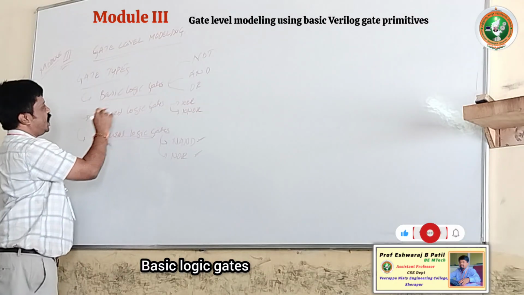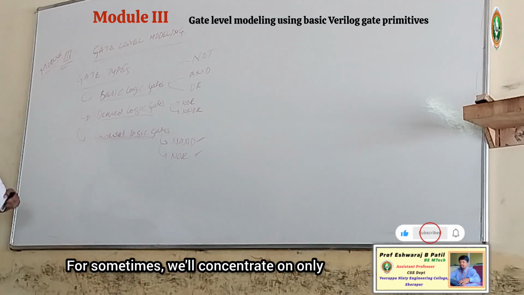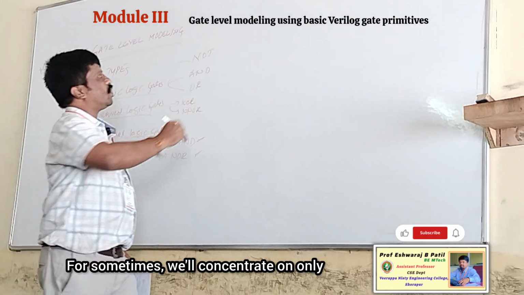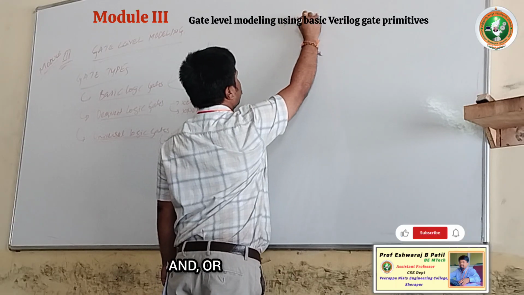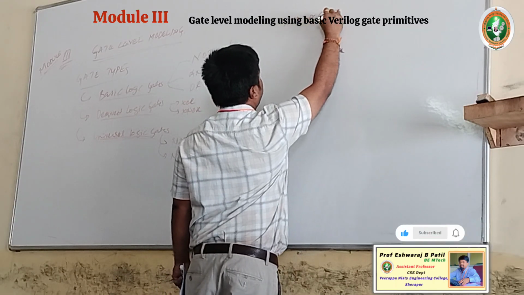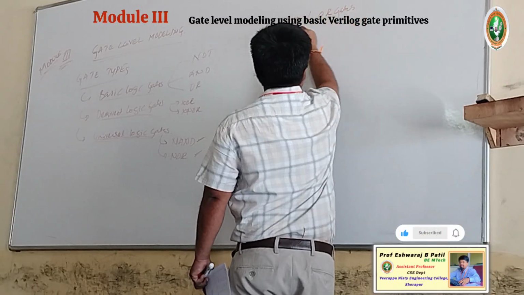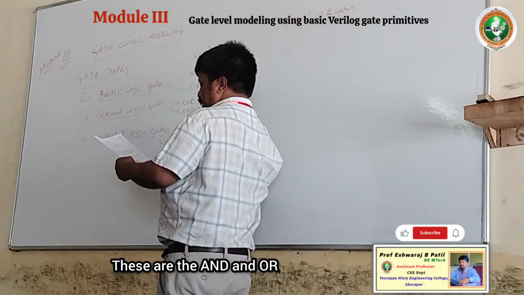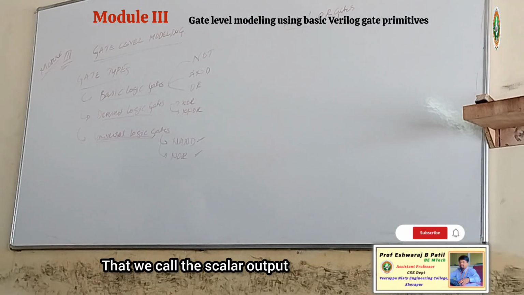Basic logic gates, derived logic gates, and universal logic gates are there. For now we will concentrate on only the AND and OR gates. What are the AND and OR gates? They give a scalar output. Whatever inputs we have for the AND gate are called variables. The variables can have different values, but there is only one output. This is what we call the scalar output.